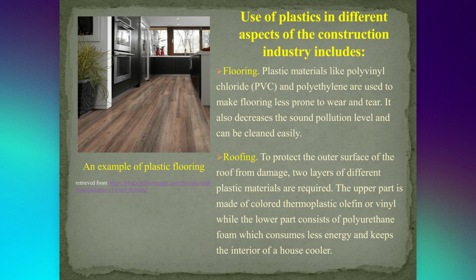Roofing. To protect the outer surface of the roof from damage, two layers of different plastic materials are required. The upper part is made of colored thermoplastic olefin or vinyl, while the lower part consists of polyurethane foam, which consumes less energy and keeps the interior of a house cooler.